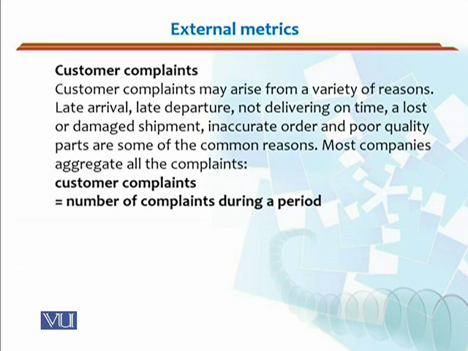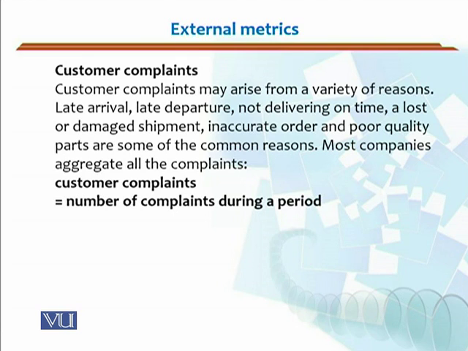Then we have customer complaints. Customer complaints may arise from a variety of reasons. Late arrival, late departure, not delivering on time, a lost or damaged shipment, inaccurate order and poor quality parts are some of the common reasons.